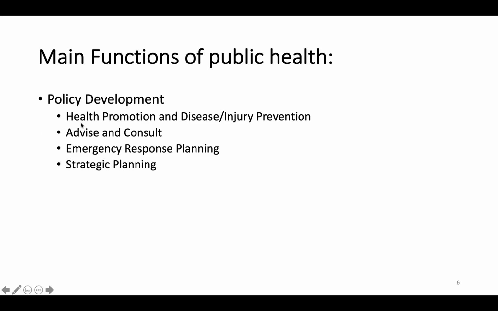One of the services is health promotion and disease and injury prevention. You need to promote health and awareness about the issues in obesity, and the risks of diseases resulting from smoking, such as ischemic heart disease and cancer. This is a public health issue.